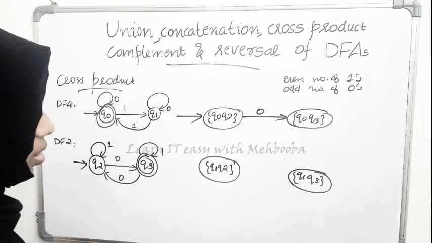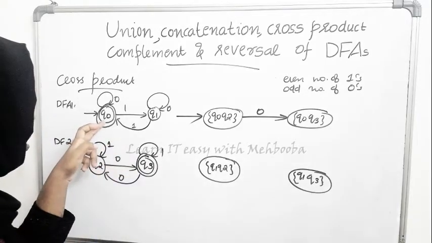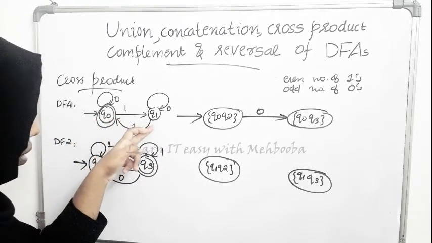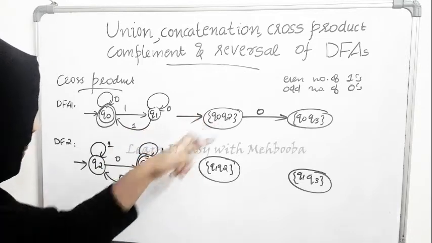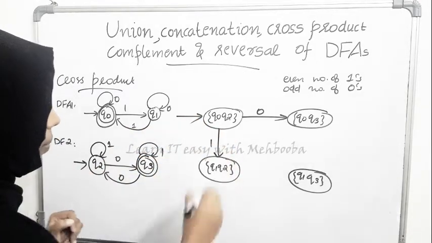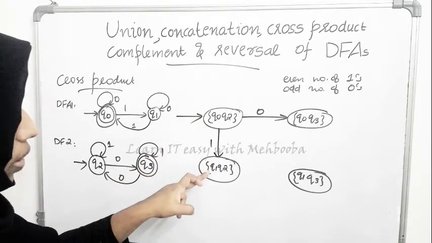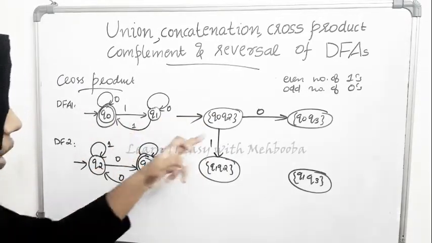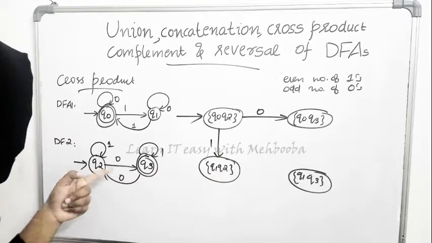Now from Q0 you have a transition on 1 to Q1, and from Q2 you have a transition on 1 to itself. So you can mark that from Q0 to Q1 there is a transition on 1, and from Q2 to itself there is a transition on 1.